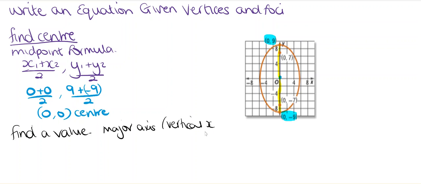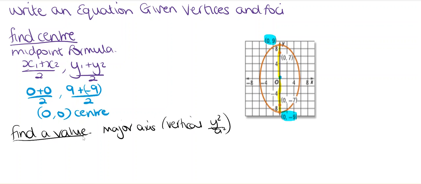And X is going to be with B squared, and A squared is going to be with Y squared.